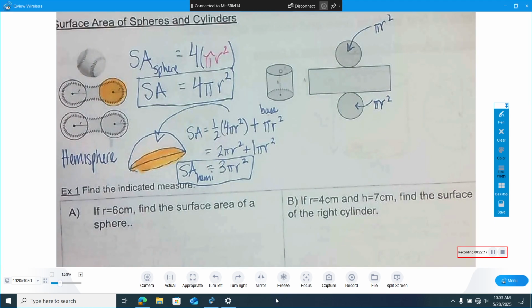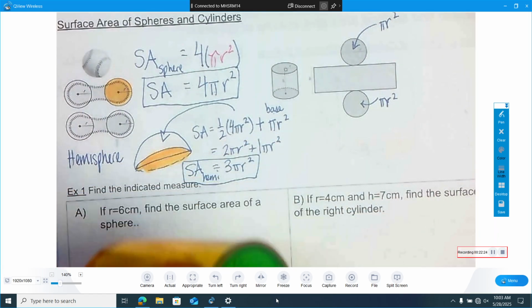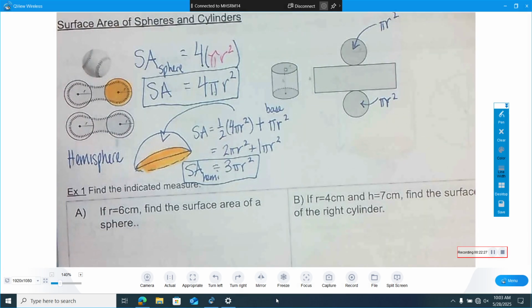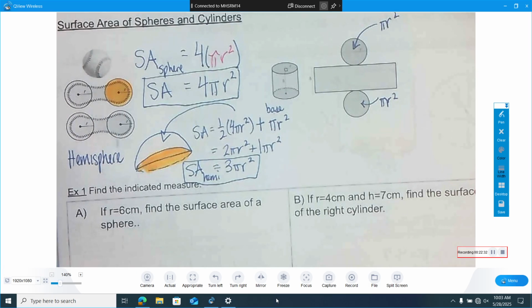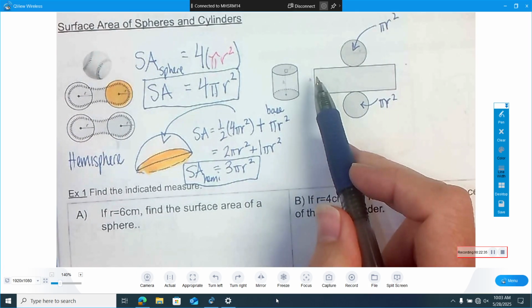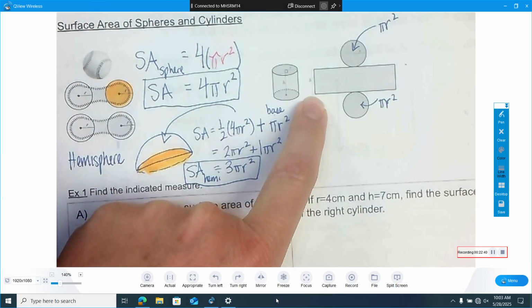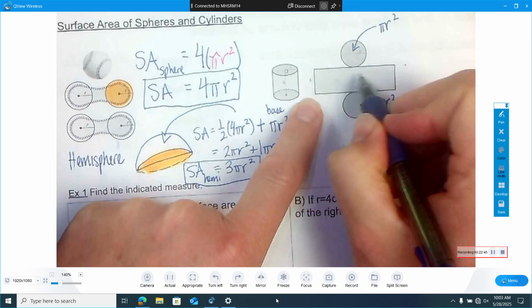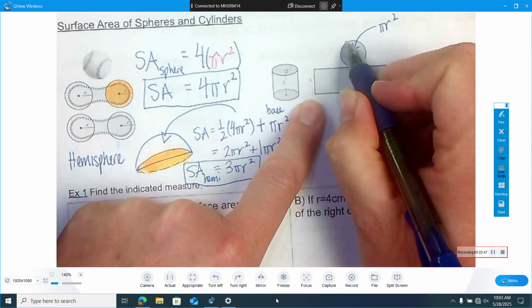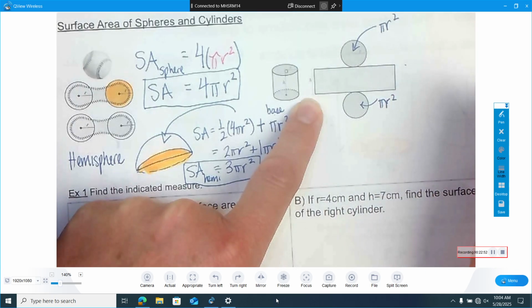You're absolutely right. So we have a top and a bottom, and then we have the wrapping. And on a soup can, that's the label portion. And what you want to think about is when you unroll that wrapping around a soup can, it's really just a rectangle. It has a height of whatever it happens to be, and then the length of this rectangle wraps around a circle, so the length is equal to the circumference.